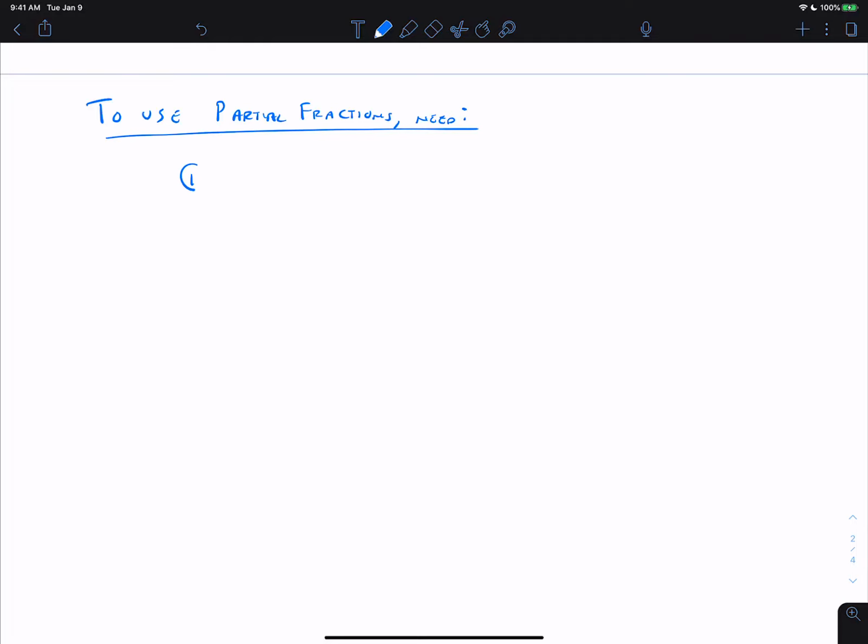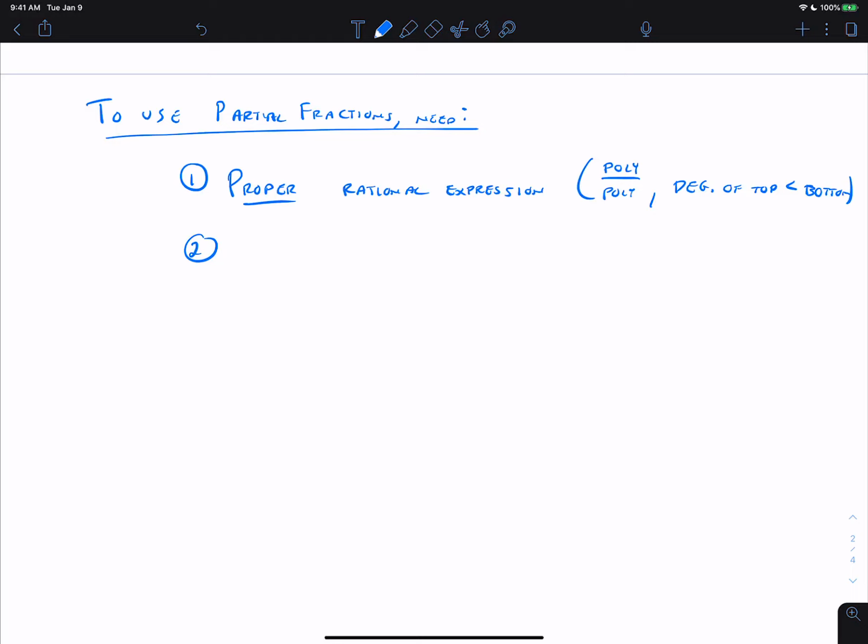First, you need a proper rational expression. A rational expression is when you have a polynomial over a polynomial. Proper means the degree of the numerator is less than the degree of the denominator. And so informally, we'll say the degree of the top is less than the degree of the bottom.